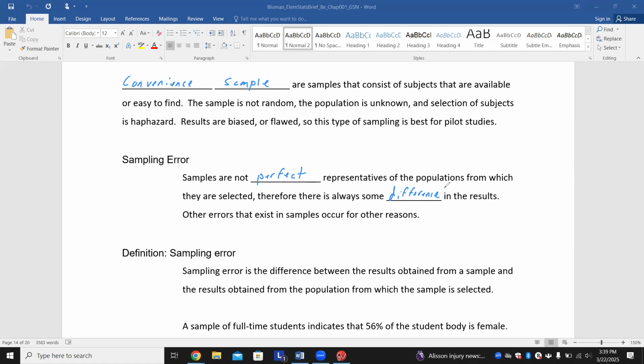You can do a random selection where everybody has an equal opportunity. But guess what? If we wanted to know the population of hairstyles, and we randomly select 20 people in our school, and 19 of them happen to be blonde and one ends up being a brunette, then we're going to say, oh, well, 19 out of 20, so 95% of our population are blonde. But in reality, it was just randomly selected that they happen to be blonde.